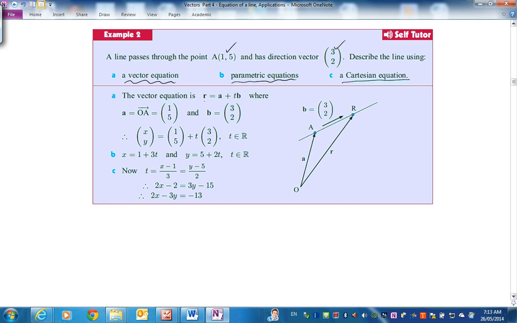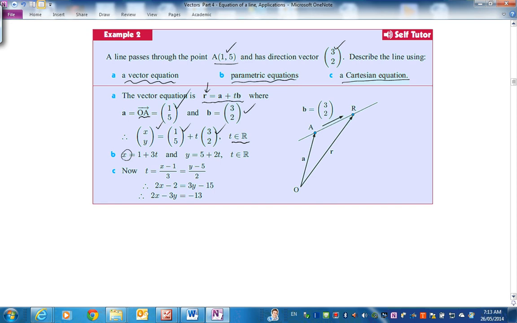Okay, so the vector equation, I'd be like this statement, so put it down. Resultant vector, to get to a point, you travel out from the origin to the point. So for point (1, 5), you'd use a vector (1, 5), and the direction vector is (3, 2). So lock it in, (x, y) equals (1, 5), travel out to the point, plus t times the direction vector, where t is any real number.